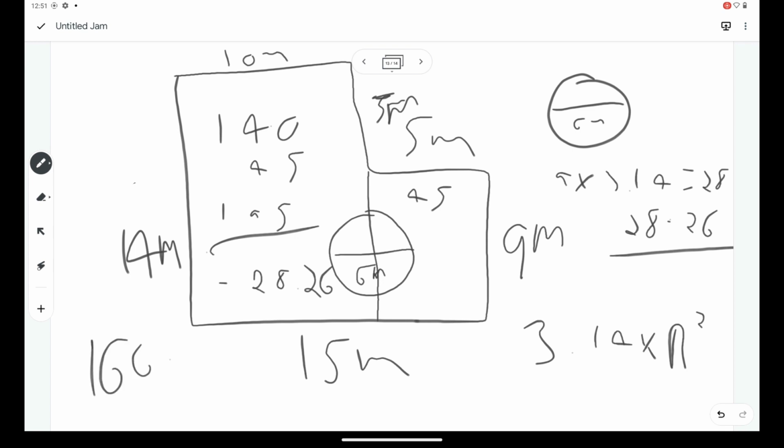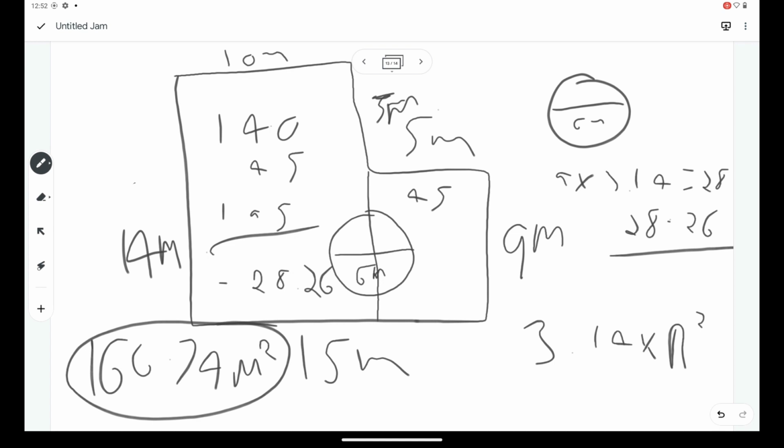So we'll now need to do 195 subtract 28.26, which gives us 166.74 meters squared, which is the area of this shape if we ignore the circle.